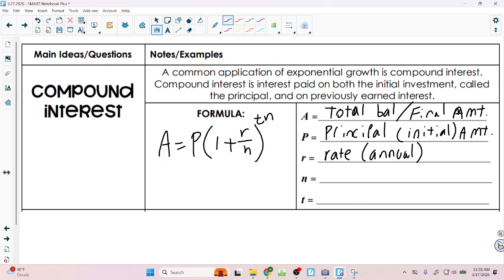Then we have N, which is the number of times compounded annually, ideally annually. And T is just time, I suppose, in years in many situations.